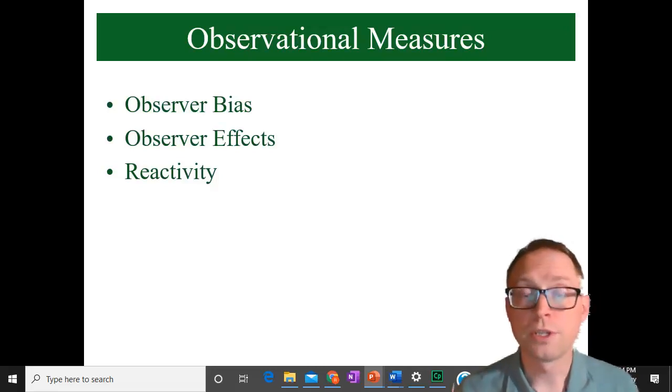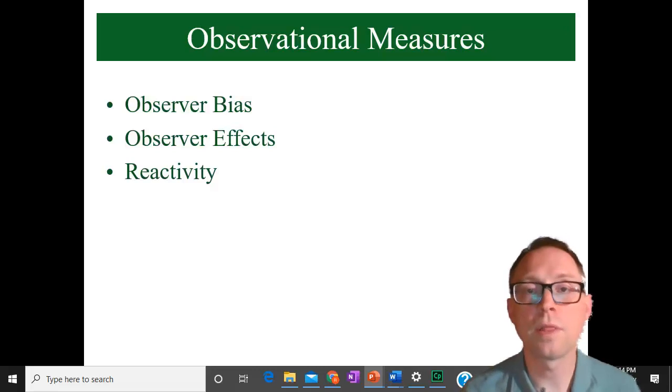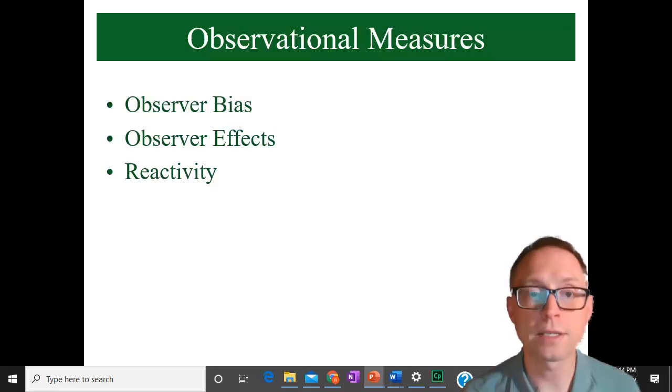So let's distinguish the difference between those three things. Imagine that you're in this study and you've got these people coming in and rating you. If the observers know what's going on, they might be biased. So let's say that I, the observer, knew that you had listened to Mozart, and I knew that the hypothesis was that Mozart makes you more attractive.